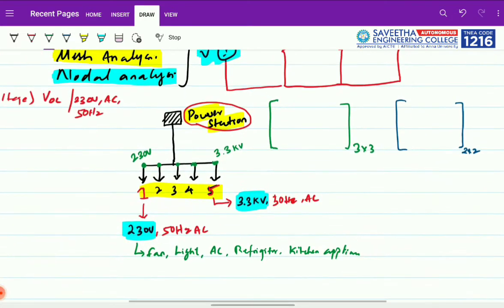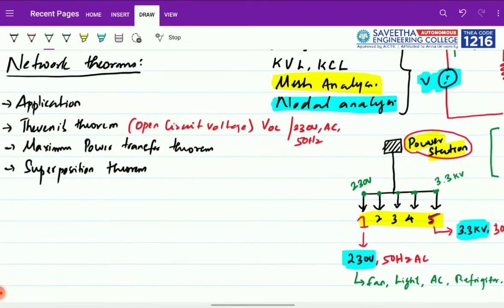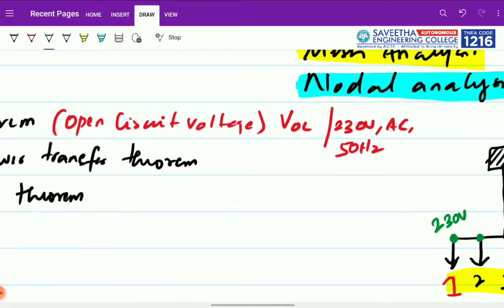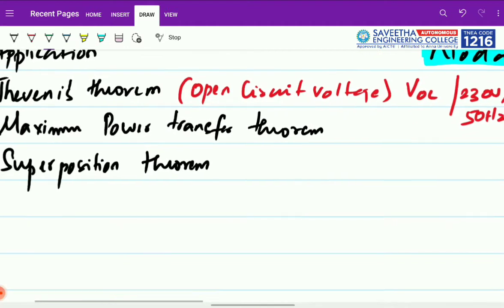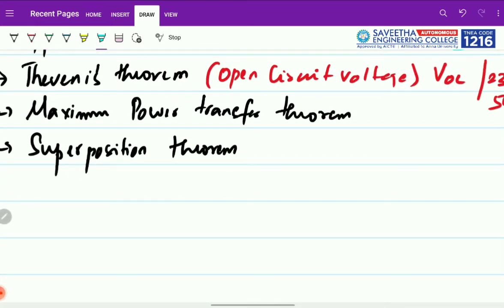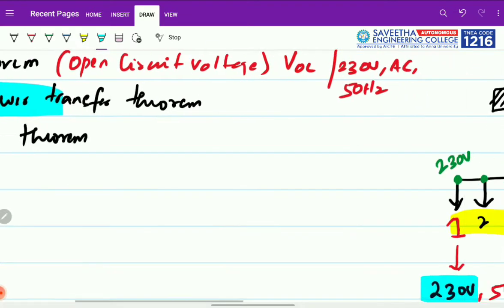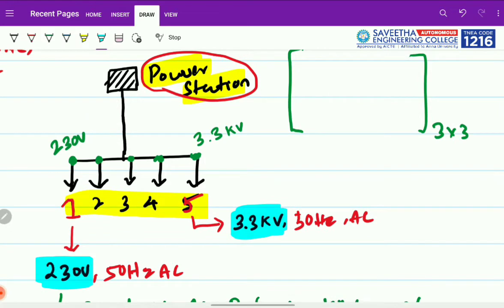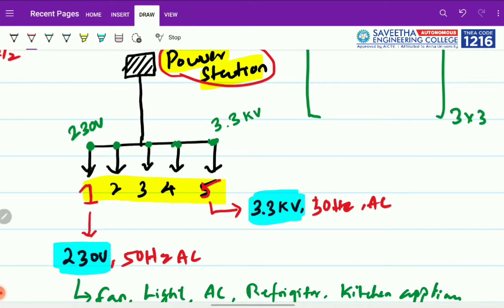So in this case, Thevenin theorem is the theorem used to find the open circuit voltage at the particular load terminal, right? Similarly, the maximum power transfer is, as the name suggests, about maximum power being transferred. For example, I'll take this feeder which is feeding a home.